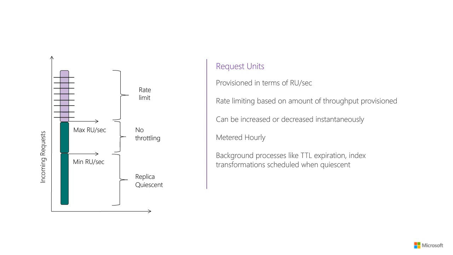And you can think of this as a token bag system. Every time you perform a request, we'll take some request units out of this token bag, and each second we'll also add request units back into this token bag. As long as you have a positive number of request units, we'll allow these requests to go through.